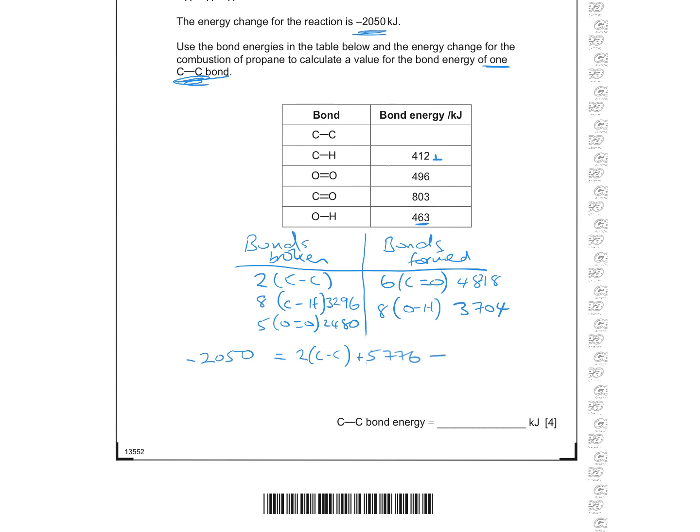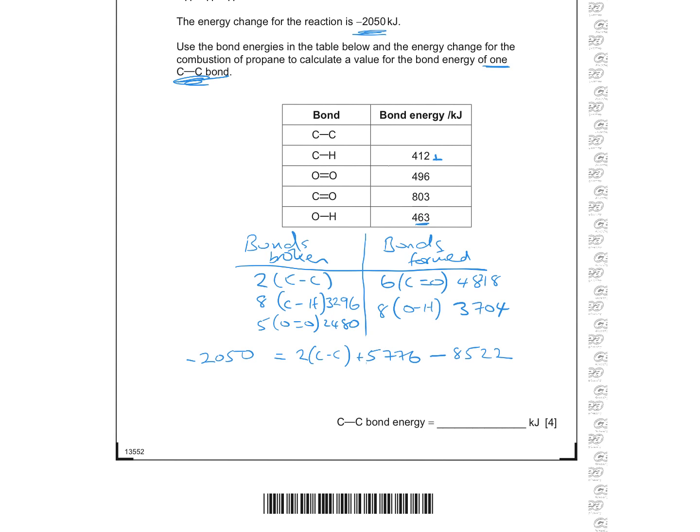And we'll subtract the total of the right hand side. So again, just add these up, and that works out to be 8522. I can now rearrange the equation. Don't forget, when you move a value from one side to the other, the sign changes.